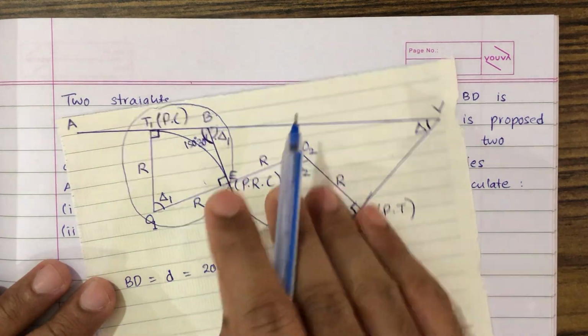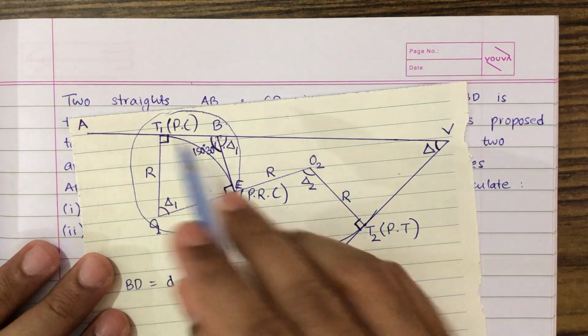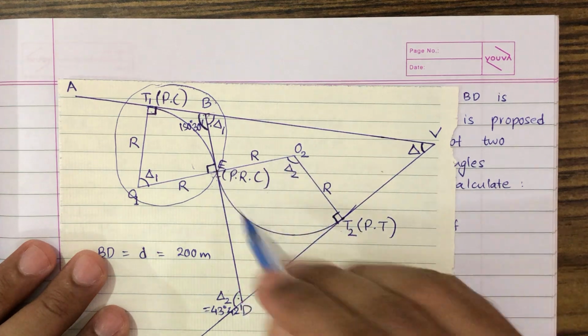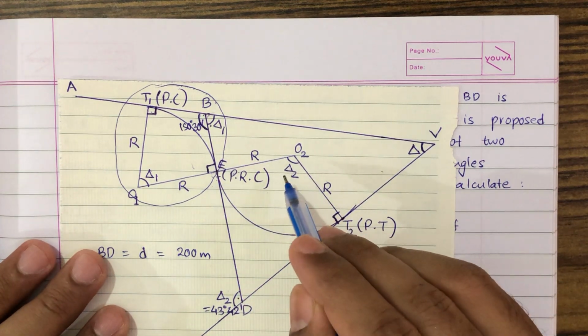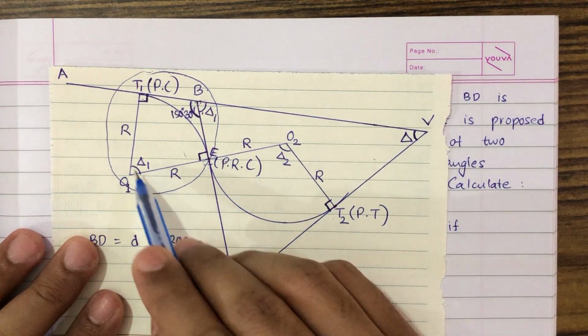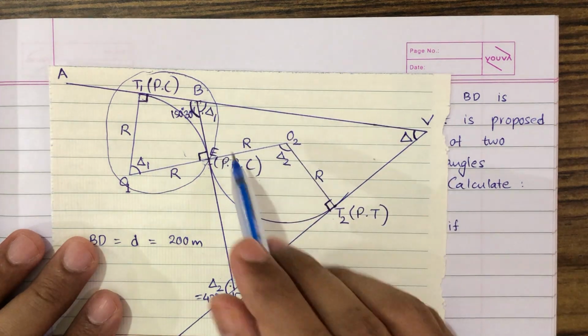Here this angle delta 1 is the central angle for this arc, and delta 2 is the central angle for this arc. So if this is delta 2, this angle will also be equal to delta 2. Now if this angle is delta 1, this angle will also be equal to delta 1. So we need this delta 1 angle.